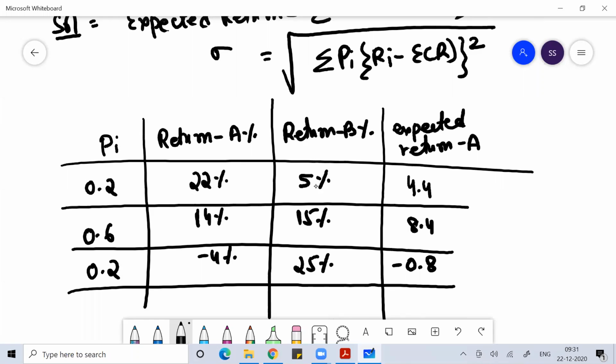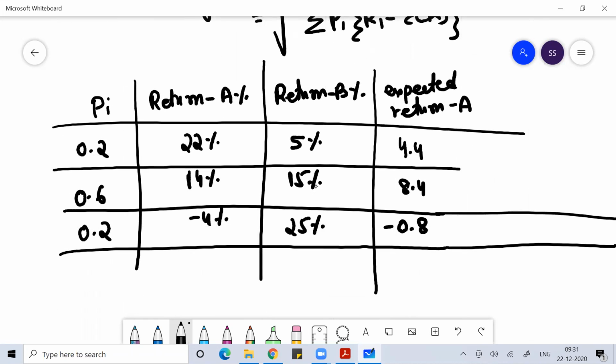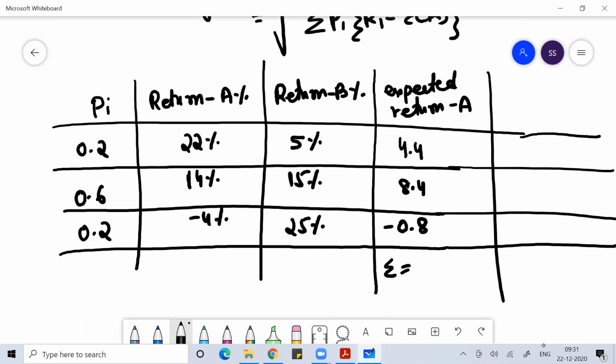So the expected return on A is 4.4 plus 8.4, that is 12.8... 13.2 minus 0.8, that would be 12.4. So the expected return on A is 12.4.